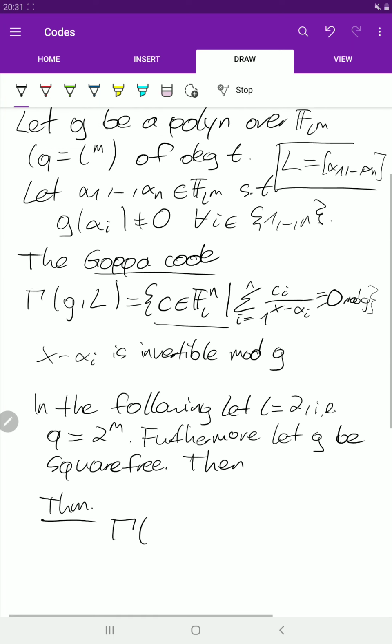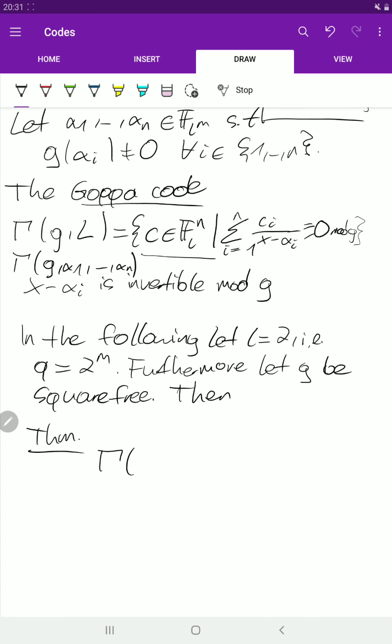We could also write Gamma(g, alpha_1, ..., alpha_n). Okay, and now let's see the statement.